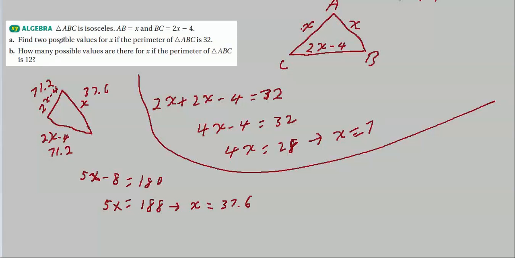Let's write the possibilities up here. What did we end up with? We'll end up with 7, 4, and 37.6. I believe that's all the possible values for x, given that it's isosceles.